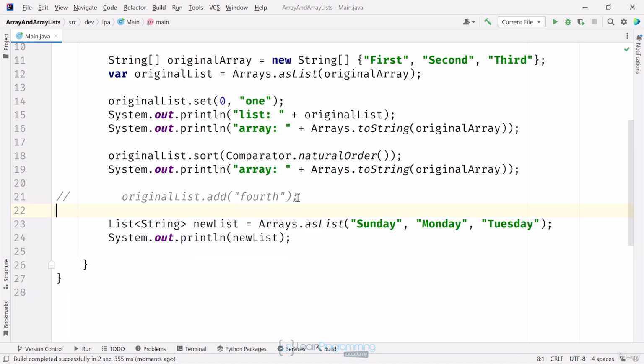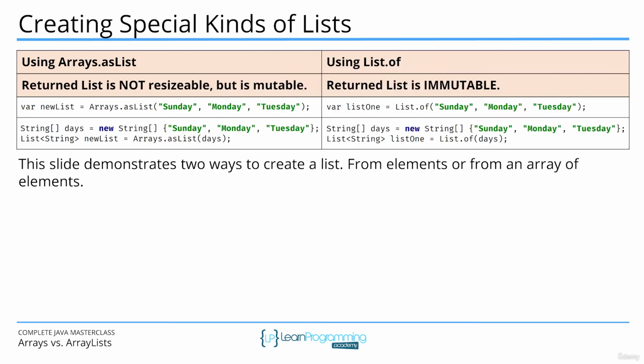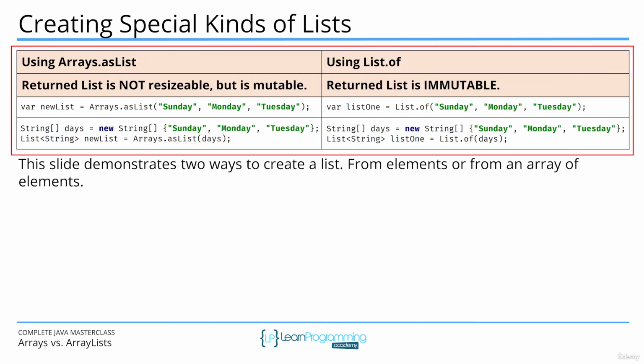I've already talked about the List.of method, which returns an immutable list, and I covered the toArray method in my last video, so I'll just give you a summary of these methods on a slide. This slide demonstrates 2 ways to create a list, from elements or from an array of elements. Both are static factory methods on types.